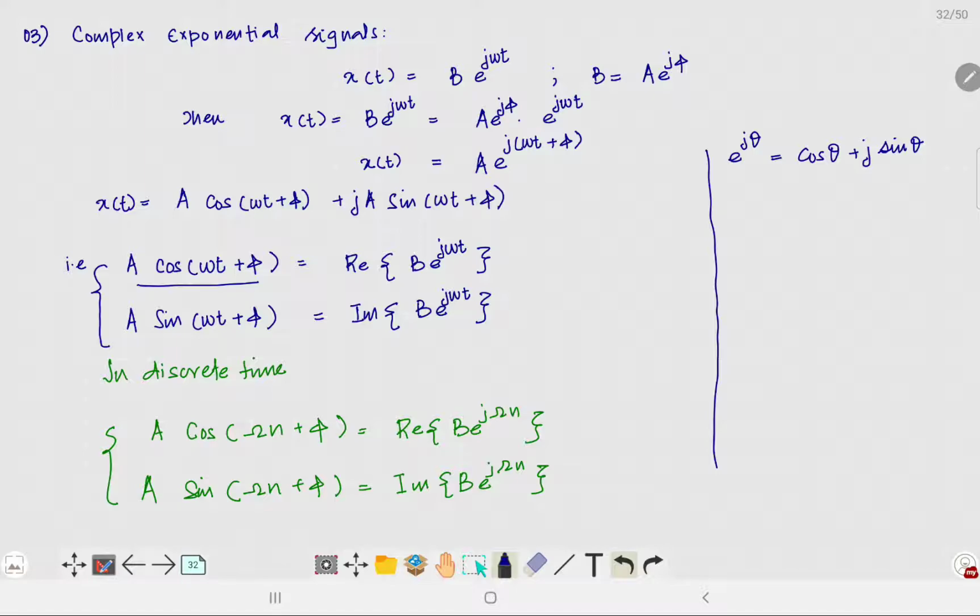If it is a pure complex exponential, you'll have the general properties. If it is complex, it is better to decompose your complex exponential signal in terms of sinusoidal signals and then do the analysis in terms of sinusoidal signals. So I'll stop here. We have some other signals to discuss that will be in subsequent videos.